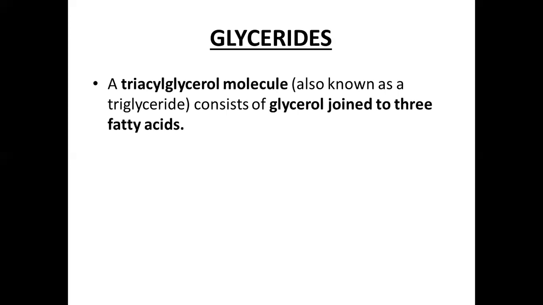We have adipose tissue, which is simply composed of fat. It's a fat tissue found in animals. This conversion can also happen in fruits and seeds of plants. So they are very important storage molecules.